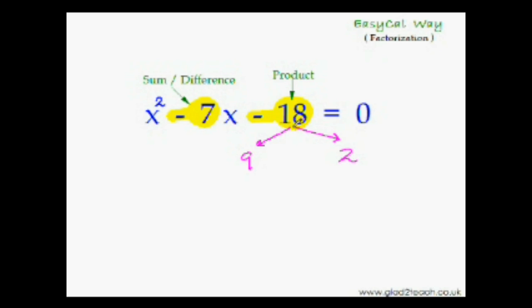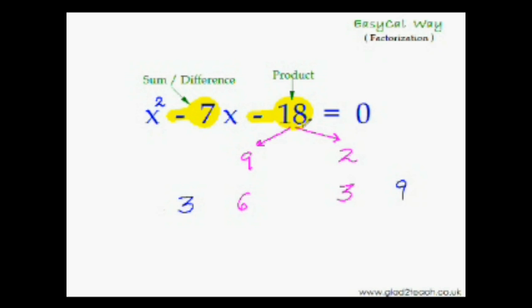If you want, you can check the other factors of 18 as well. Be my guest. 6 times 3 is 18, but the sum of 6 and 3 is 9. We need 7 and the difference of 6 and 3 is 3. Still wrong, as we need 7.